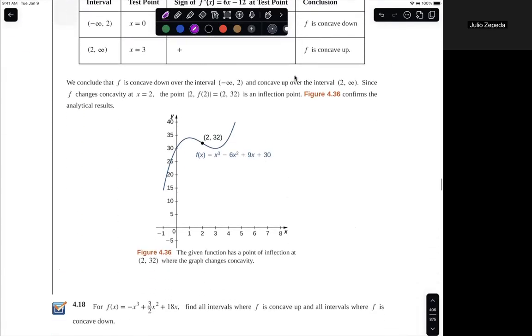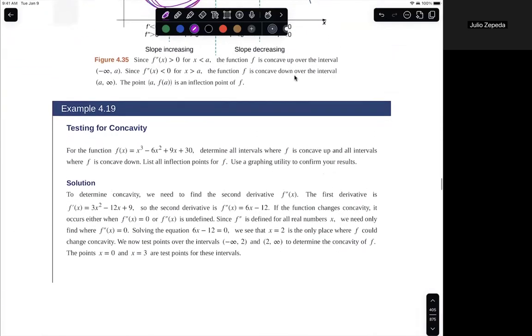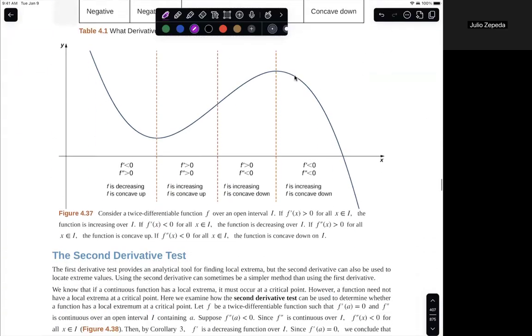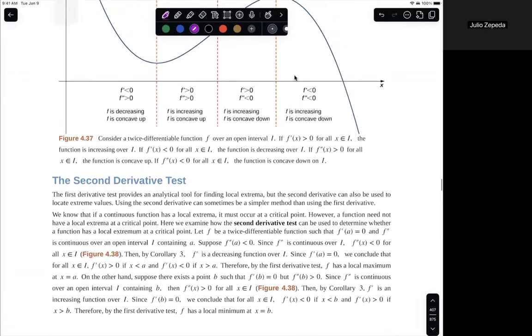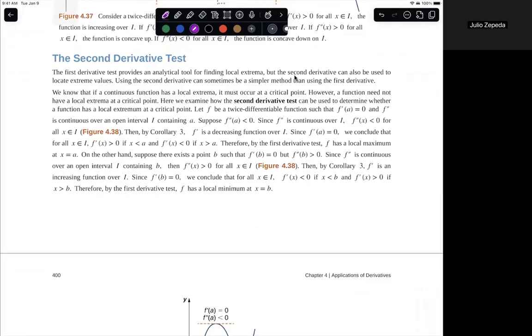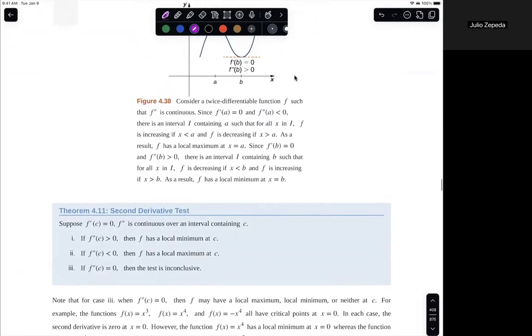Let's take a look at how we can use concavity to find local extrema. This is called the second derivative test. Basically it says if you find a critical point where the derivative is equal to 0, there's a tangent line with a slope of 0.